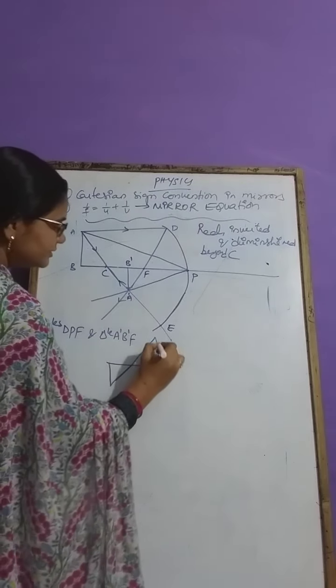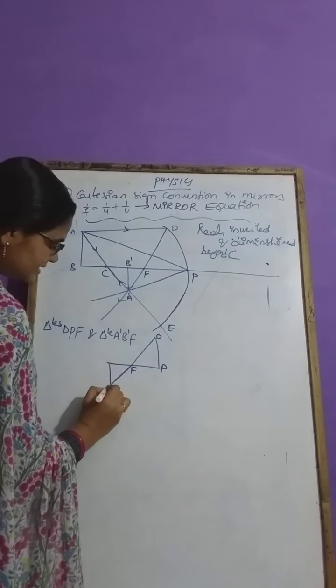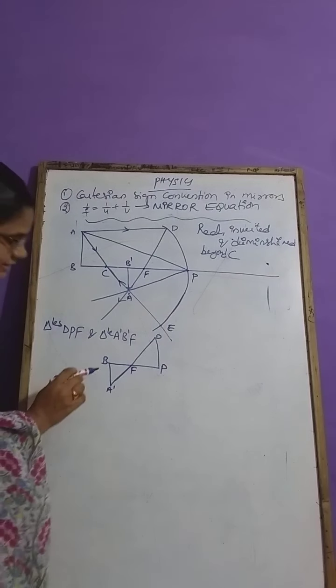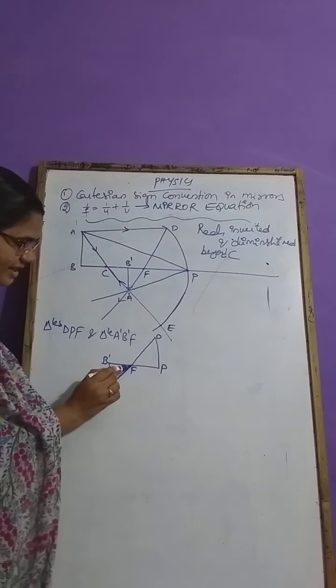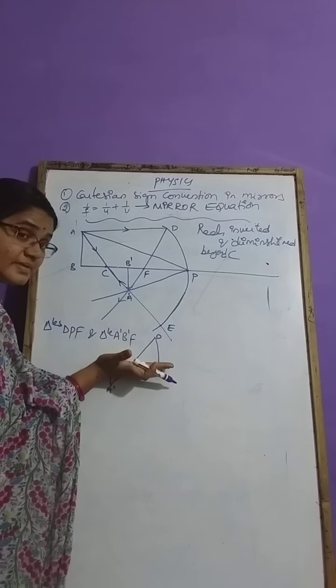So DPF, and this is A dash B dash F. If you can see here, the triangles A dash B dash F and DPF are sharing a common base.